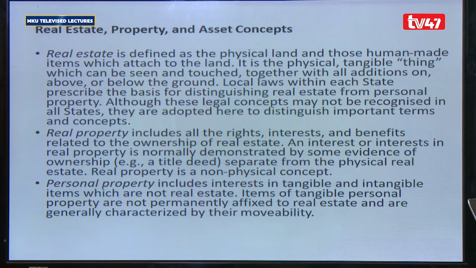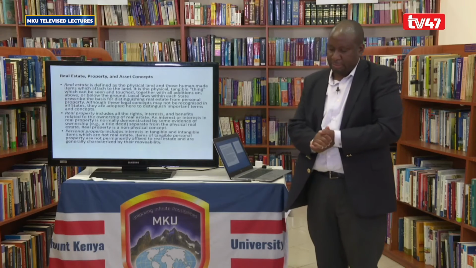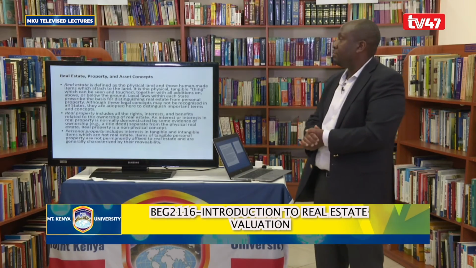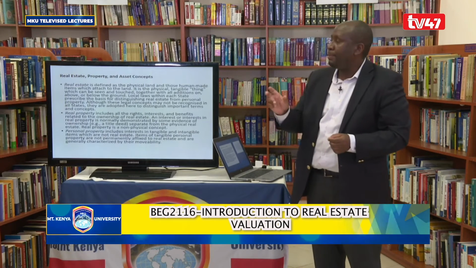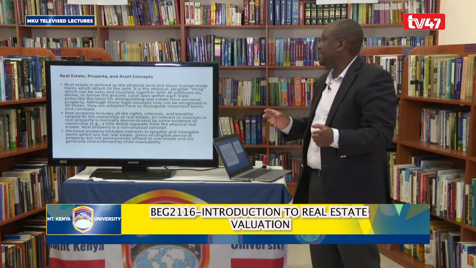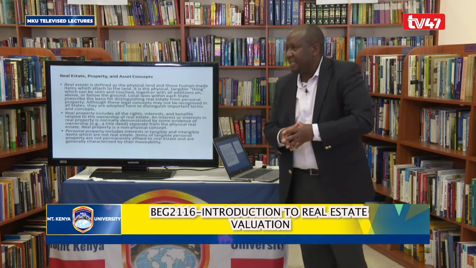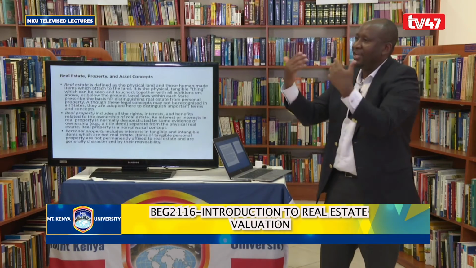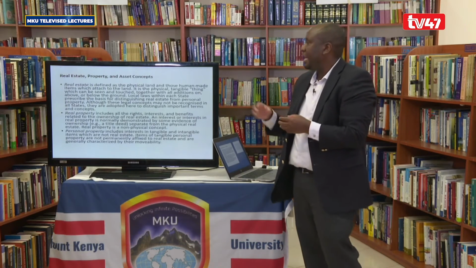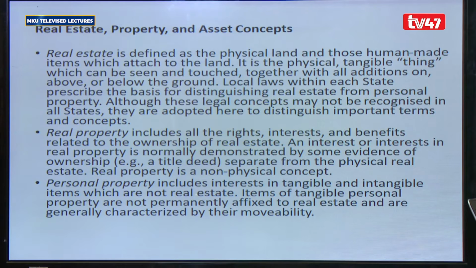Then this brings us to the discussion of the concept of real estate, property, and the asset concepts. Again, just to clarify or amplify what we have mentioned, real estate is defined as the physical land and those human-made items which attach to the land.